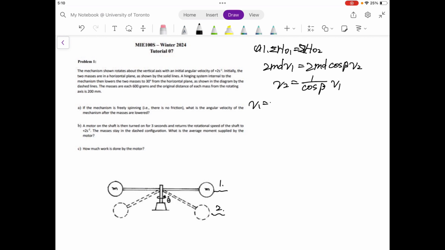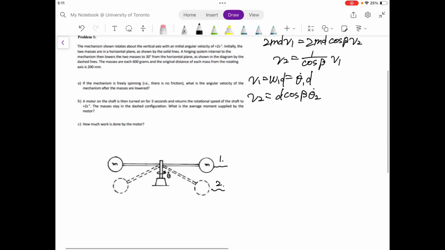Also, v1 is equal to omega 1 d, which is equal to theta 1 dot d. v2 is equal to d cosine beta theta 2 dot. We put these two into our equation. We have d cosine beta theta 2 dot is equal to 1 over cosine beta theta 1 dot d.